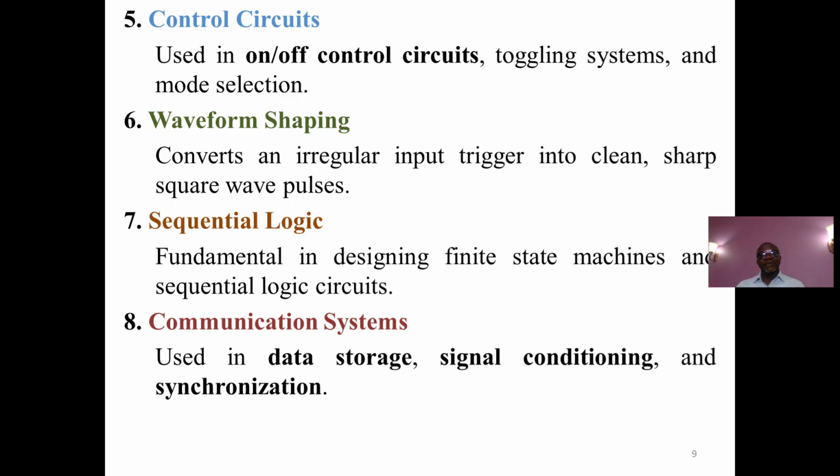Any system or device where you need to change mode, from this mode to the other, so that when it changes, it remains there until you apply another effort to change back to the other mode. Then, in waveform shaping, it converts any irregular input signal into clean, sharp, square wave pulses that immediately get to the threshold and act.